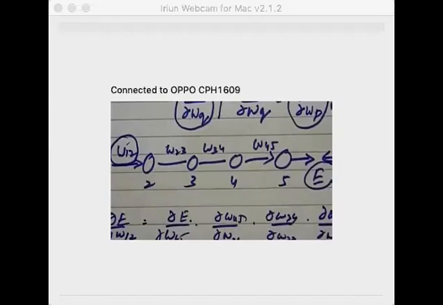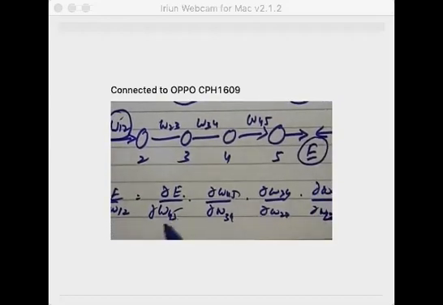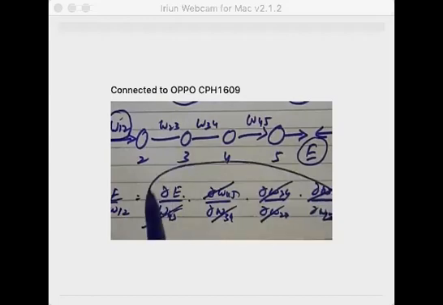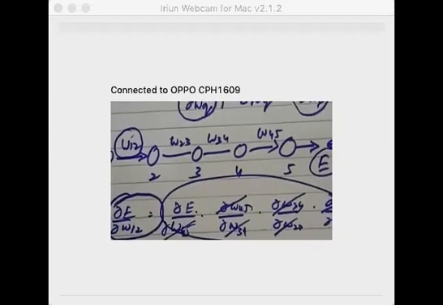So you can see that this is what the chain rule will help you out. So what happens is that this cancels out with this, and this cancels out with this, and this cancels out with this, and ultimately we get this expression which is representing this partial representation. So this is what you call as the chain rule.